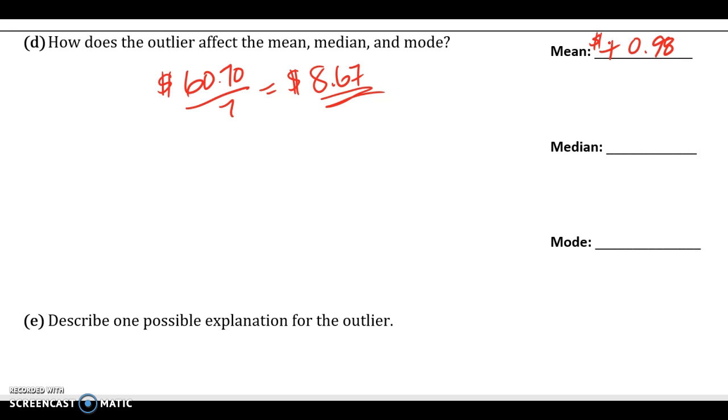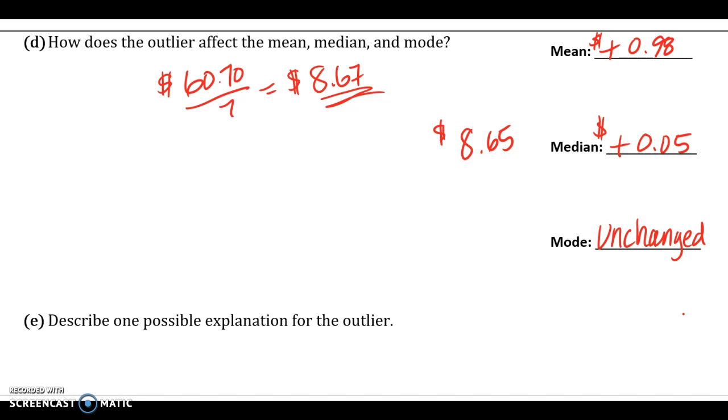If we remove that $16.50 again and go exactly halfway, that gives us a median of $8.65. That's only a difference of a nickel, so that's not super significant. And then our mode is actually unchanged because you're removing that dollar amount on the bottom, so you still have the same one that repeats.